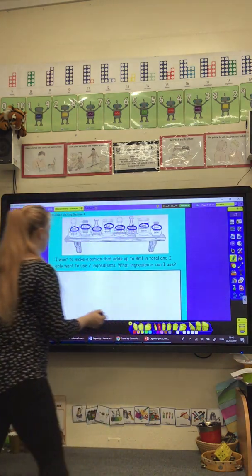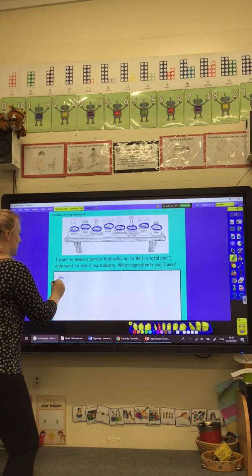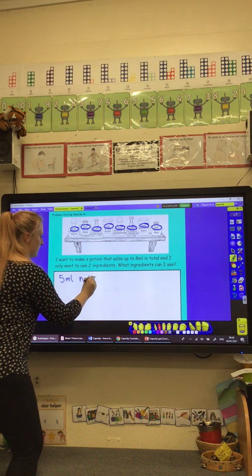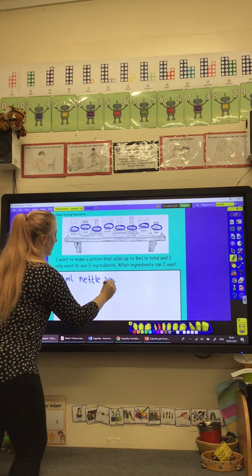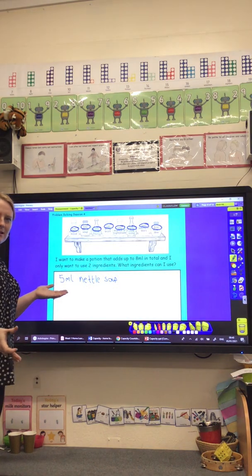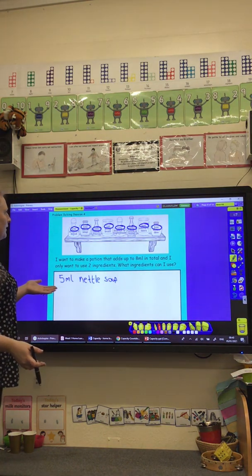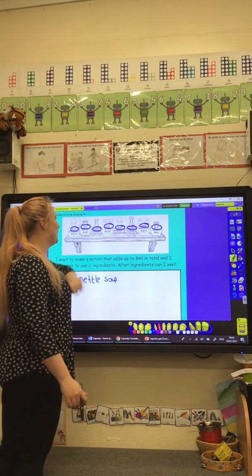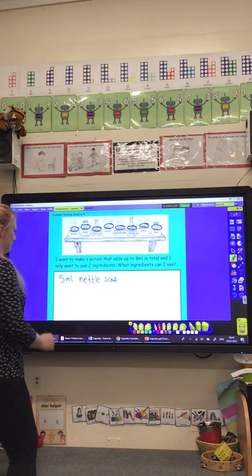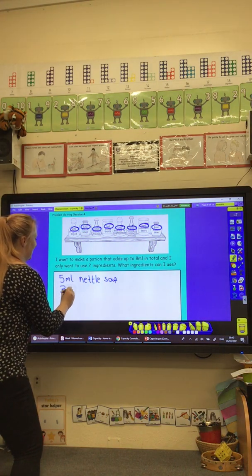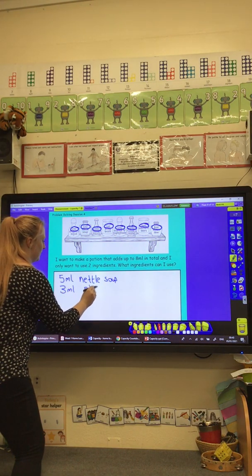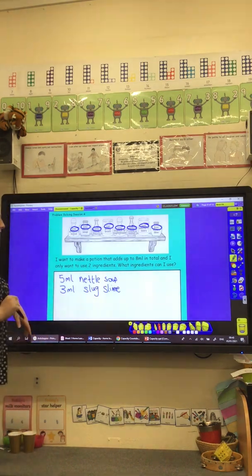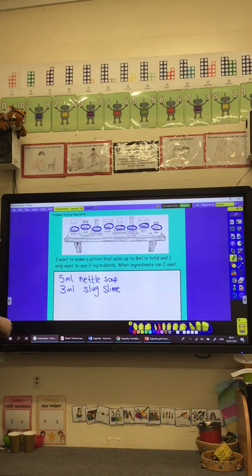We could use 5 millilitres of nettle soup, well done, and 5 and what makes 8? 3, so we could either use 3 millilitres of snake oil or 3 millilitres of slug slime. I'm going to use 3 millilitres of slug slime. Very good. Okay.